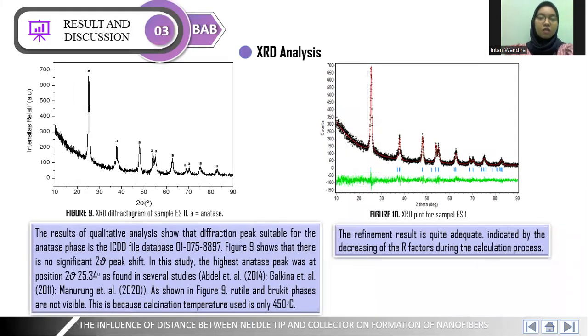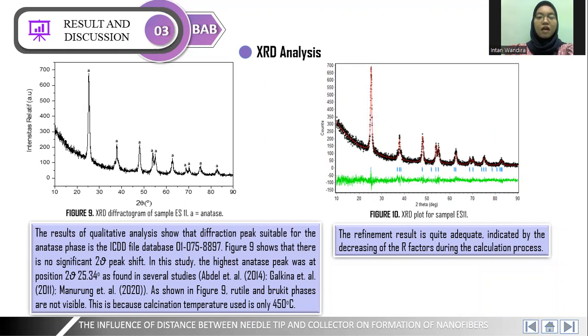XRD analysis. This is an XRD diffractogram of sample ES11. The result of qualitative analysis of the diffraction peaks matches the anatase phase in the ICDD file database 010758X97.